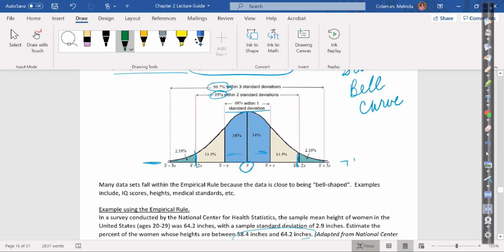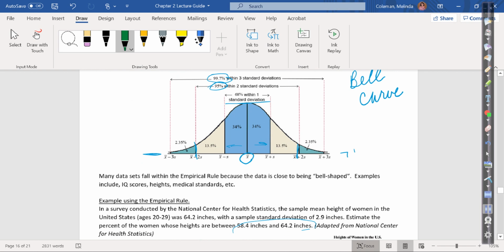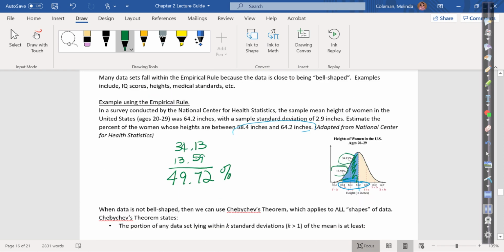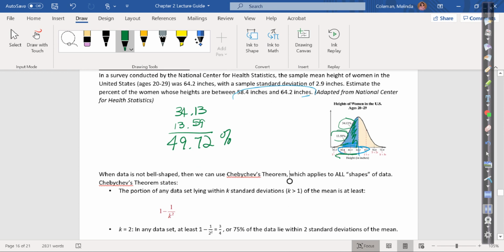Because again, this piece would be 34, this piece would be 13, add them together, and you're looking at roughly 49% of the population. This works out well because these numbers that they give us are the exact standard deviations from the mean. You're going to see some in just a little bit where those standard deviations don't match up on nice, pretty little endpoints like these do. And we can still get the answer.